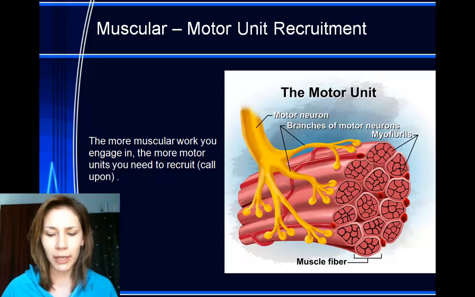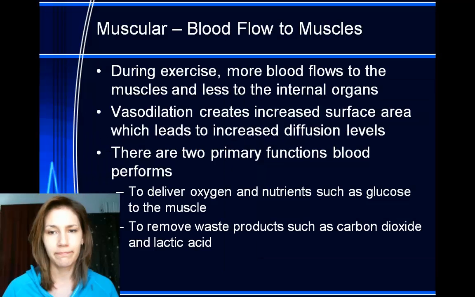Writing with a pen is a very fine, gentle skill, and it doesn't take many motor units. If you were to go running, you're using a lot more muscle, so you'd be recruiting a lot more motor units.